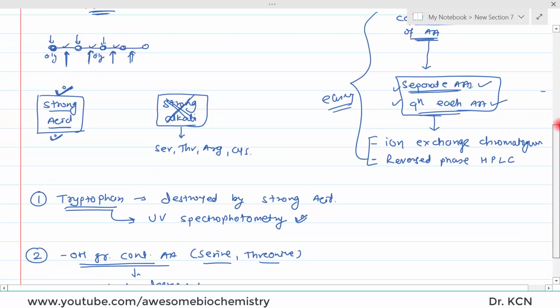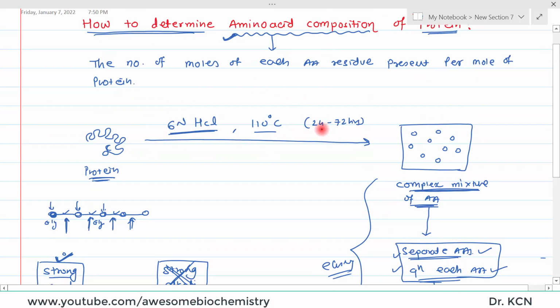See, in this process I told you that we are going to heat it for 24 to 72 hours. So suppose this arrow also shows the timeline. Suppose this is the point at which 24 hours of heating was done, at this point 48 hours of heating was done, and at the end this is the point where 72 hours of heating was done, right?